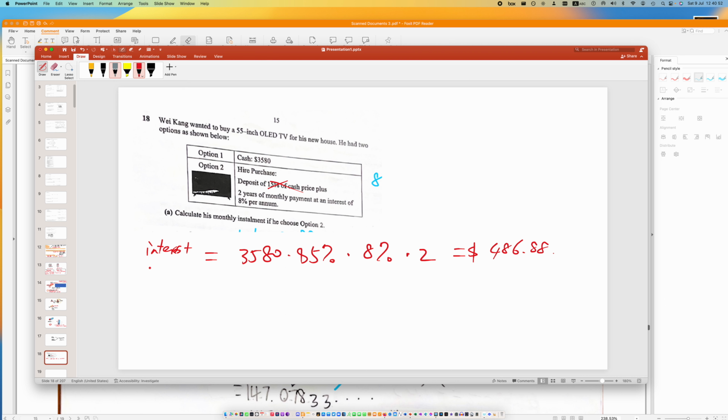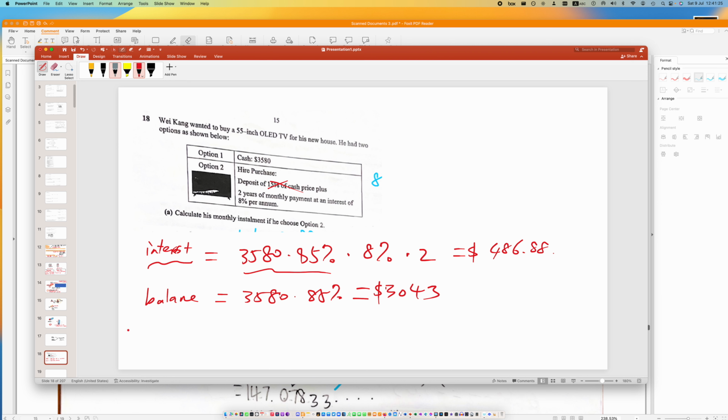So the interest is this number, and then we talk about you still have this not paid, right? So therefore you just write down balance. So what's the balance? $3043. Okay?